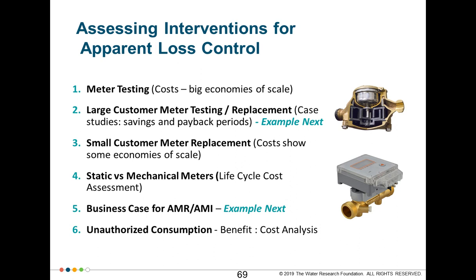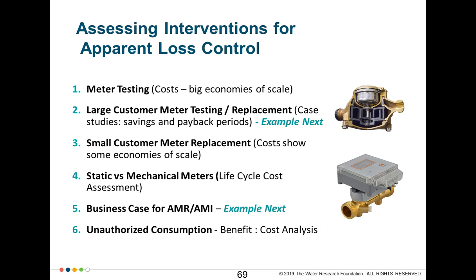All right, so in the manual, we cover 6 types of interventions in the apparent loss control area. Meter testing, that's generally on the smaller meter side. Larger customer meter testing and replacement, which we touched on in Nashville.